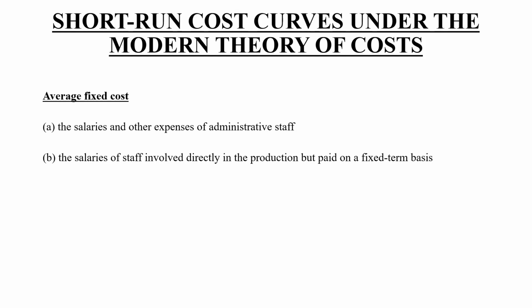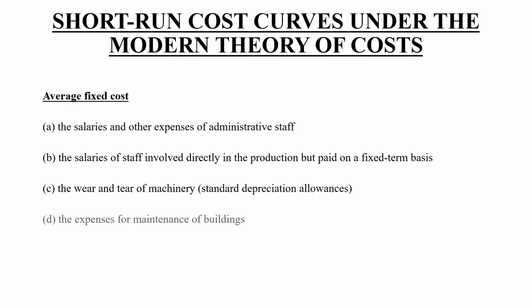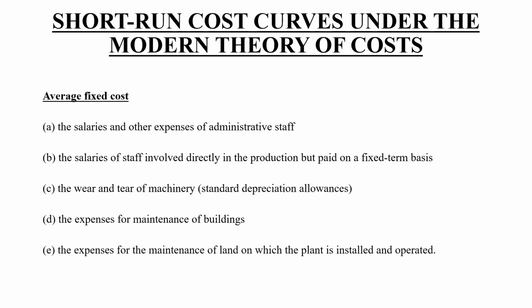B. The salaries of staff involved directly in the production but paid on a fixed term basis. C. The wear and tear of the machinery, that is the standard depreciation allowances. D. The expenses for maintenance of buildings. E. The expenses for the maintenance of land on which the plant is installed and operated.